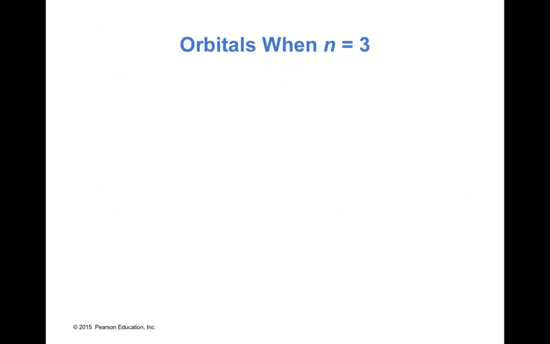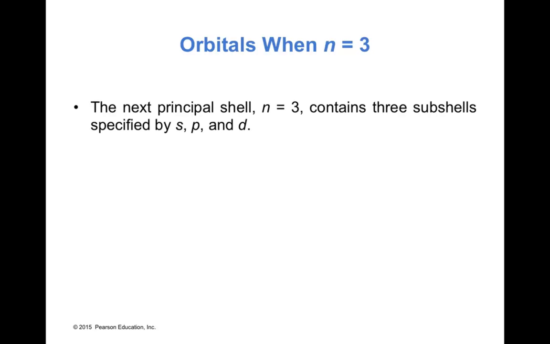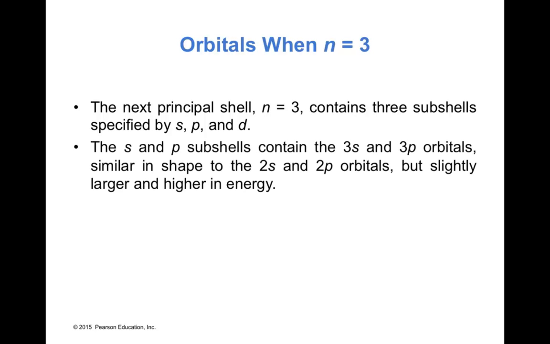The next principal shell, n equals 3, contains three subshells specified by s, p, and d. The s and p subshells contain the 3s and the 3p orbitals, similar in shape to the 2s and the 2p orbitals, but slightly larger and higher in energy.